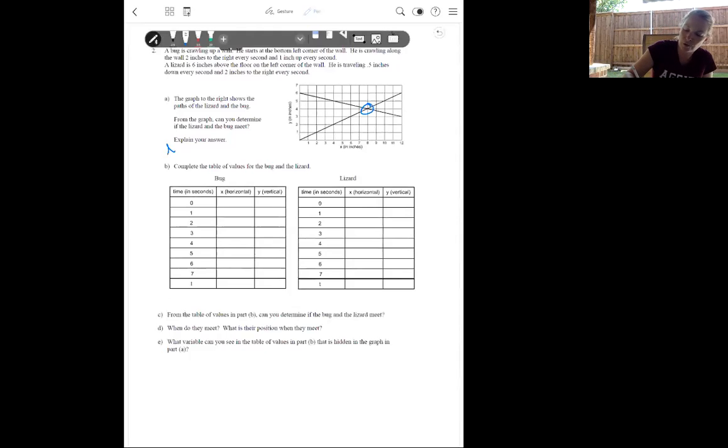And the answer is no. Just looking at the graph doesn't show us about the third variable, time.